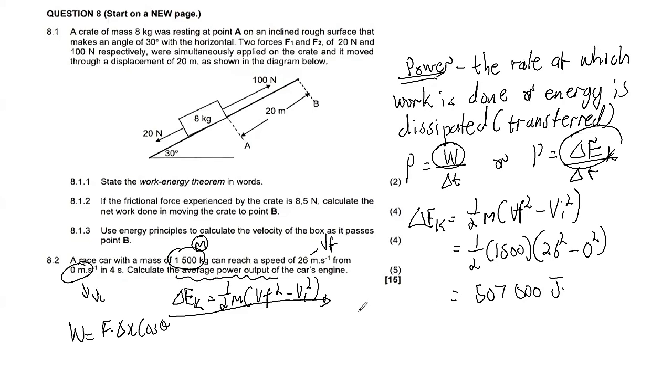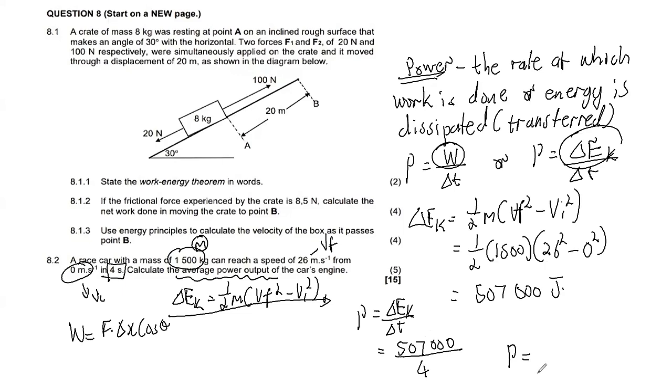Then, to calculate my power, change in EK over delta T, I will have 507,000. And did they give me the time? When I read here, they said in 4 seconds, right? So it moves from 0 to 26 meters per second in 4 seconds, and that's where I have my delta T. So my power is equal to 507,000 divided by 4.